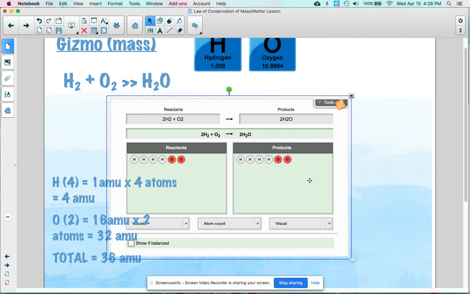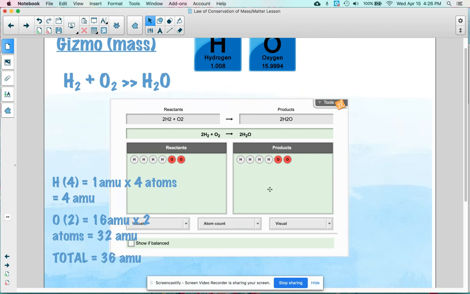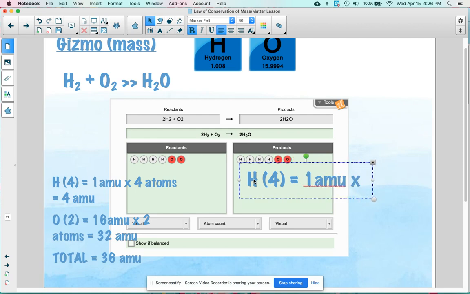Now let's look over here. On my product side, I have hydrogen. Oops, let's move this over here. I have 4 hydrogens, and they're each 1 atomic mass unit times 4 atoms equals 4 atomic mass units total.